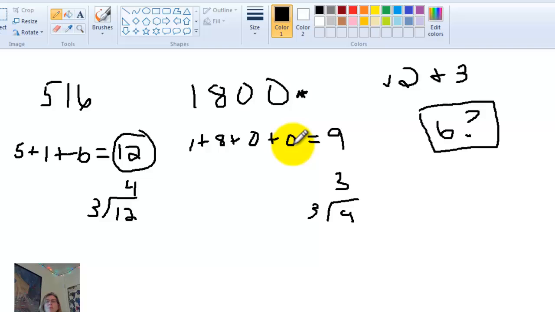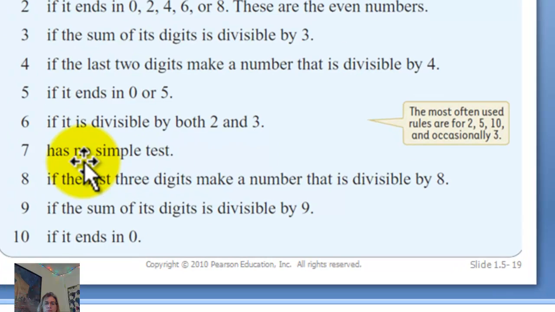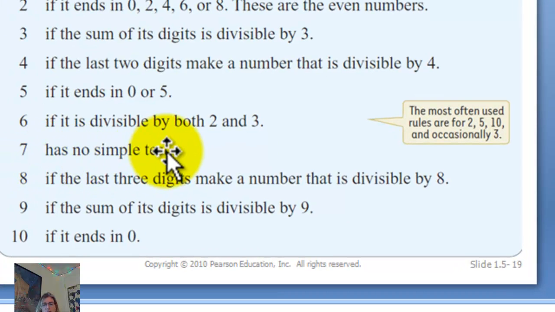So we have on both numbers divisibility by 2 and divisibility by 3. So these two numbers are both divisible by 6.